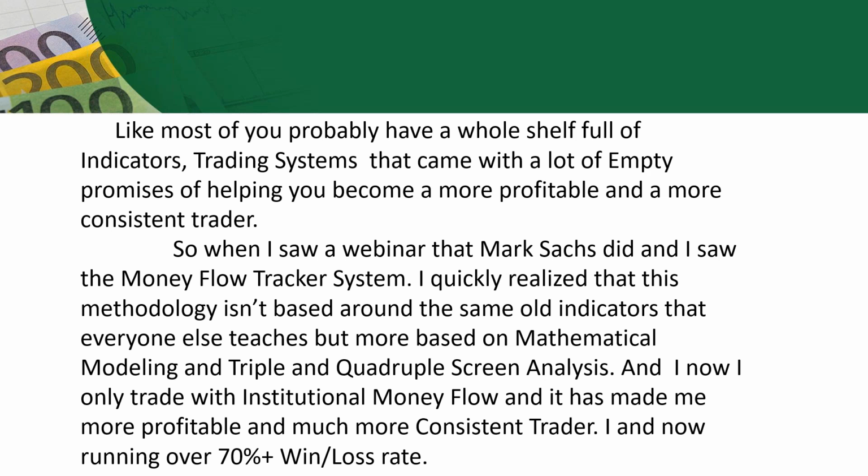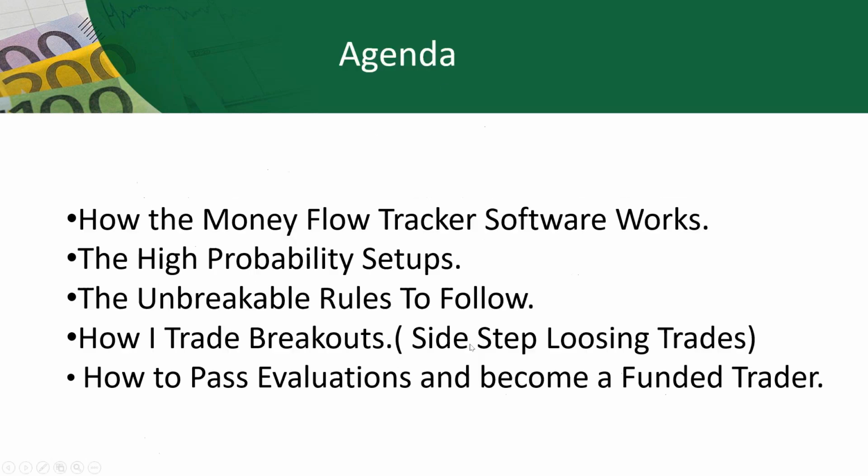I quickly realized that this methodology is not based on the same old indicators that everybody else teaches, but based more on mathematical modeling and triple and quadruple screen analysis. So we only trade with institutional order flow, and it's made me a much more profitable and much more consistent trader. And now I'm running over a 70% win-loss rate.